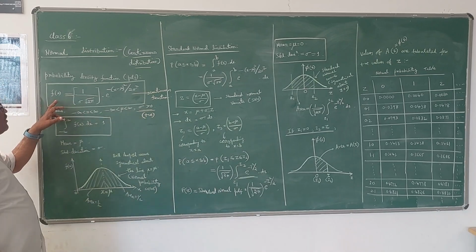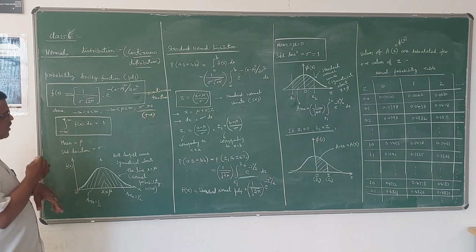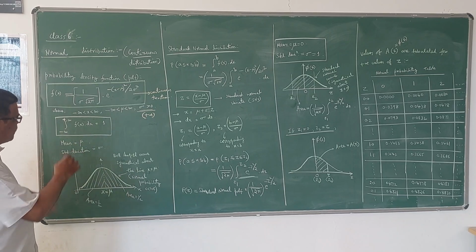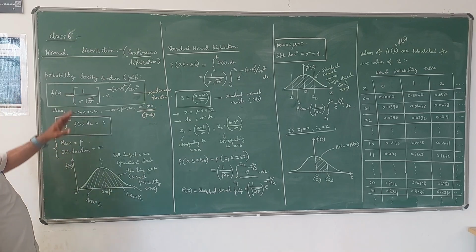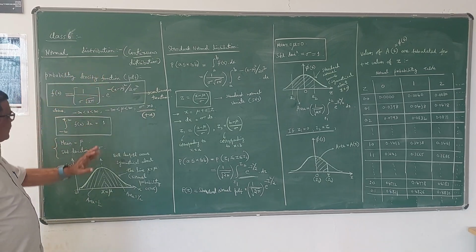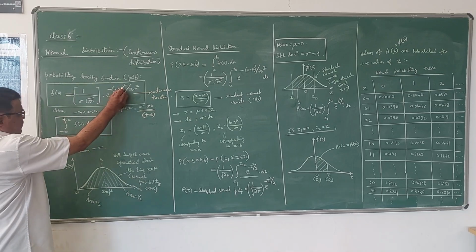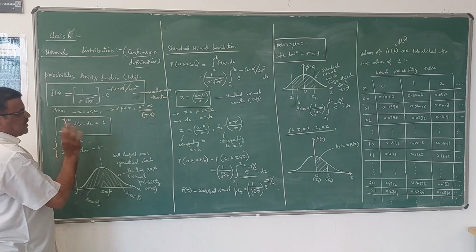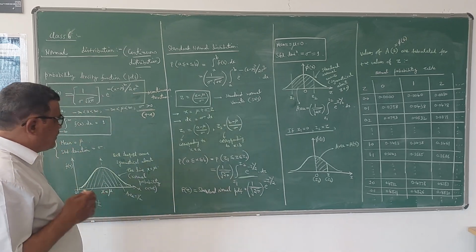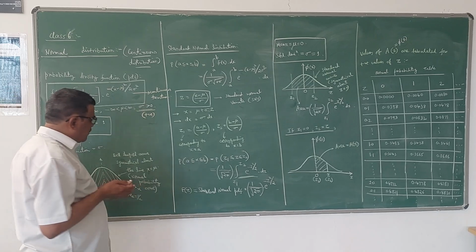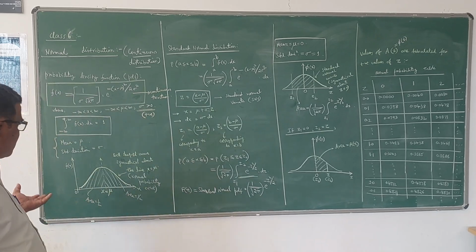This is the PDF, the probability density function, and this is its property. Now, the mean of a normal distribution is given by mu, and sigma is the standard deviation. That means for any set of data, if it fits the normal distribution, the distribution has the same mean and standard deviation value.